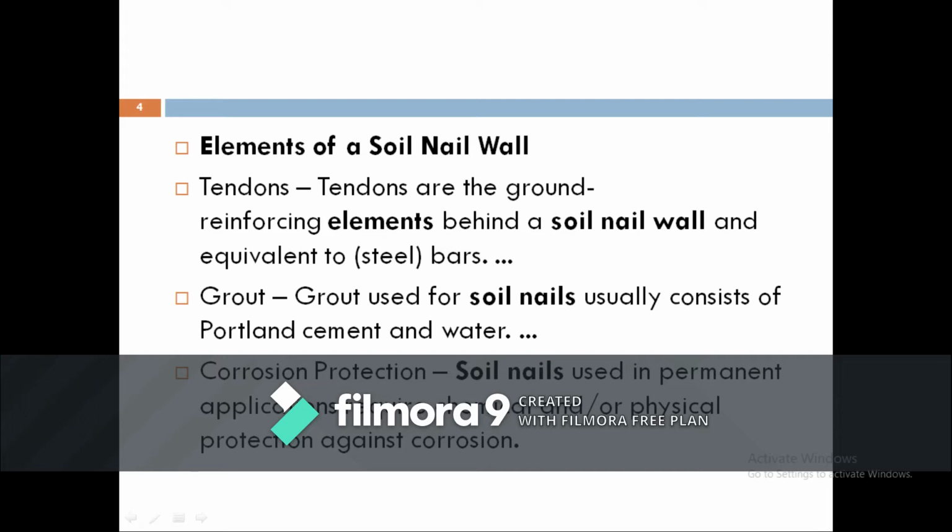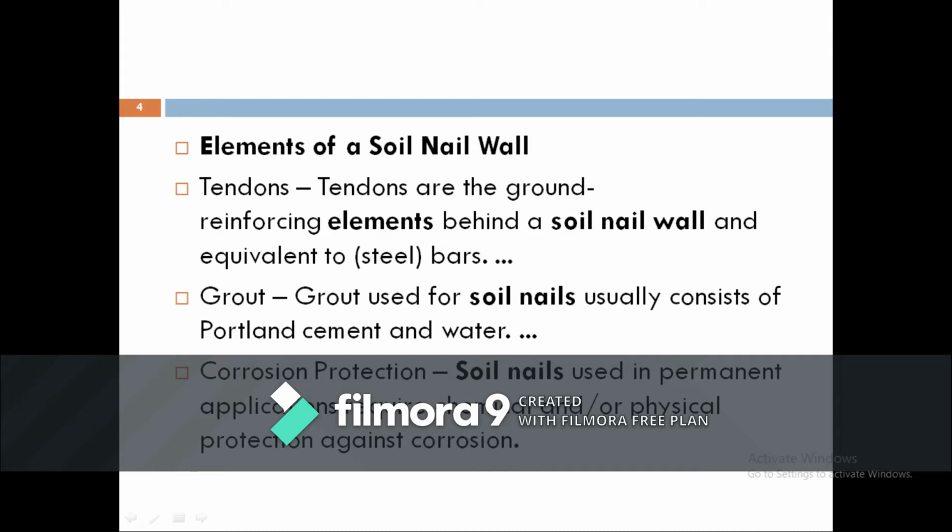The next thing we have is corrosion protection. For corrosion protection, what is the thing? Soil nails used in permanent applications require chemical and/or physical protection against corrosion. So whatever we are using for soil nailing, those elements should not be corrodable.